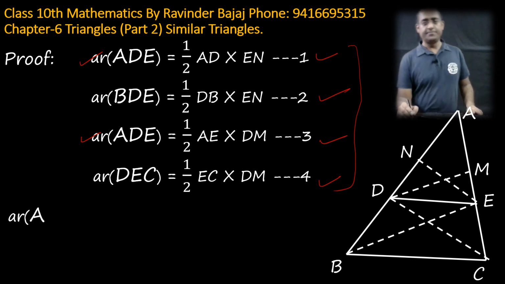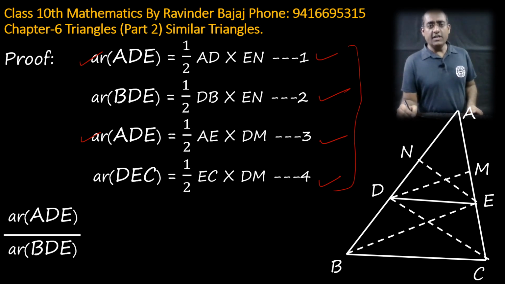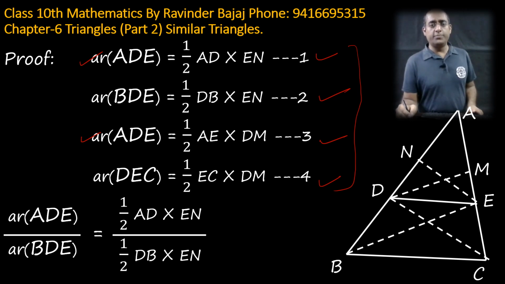Now next step, area of ADE upon area of BDE, which is equal to half into AD into EN from equation number 1 and half into DB into EN. This is equation number 2. So half is cancelled with half and EN is cancelled with EN.